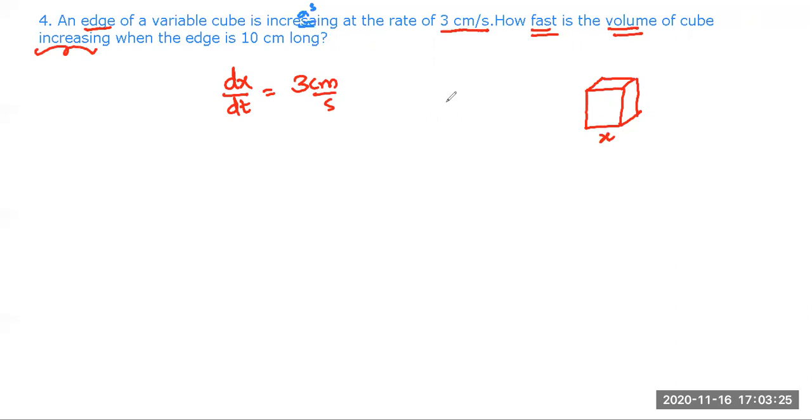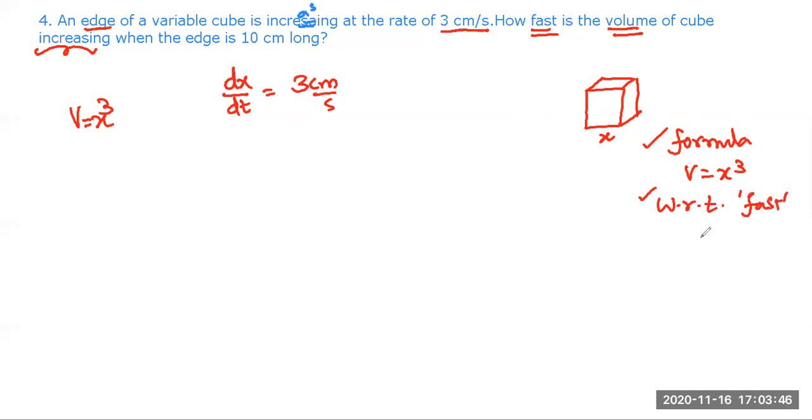First, we have to look at the formula. Which formula is this? V is equal to x cube. Then we have to see with respect to what, what is he asking? How fast? Fast is the keyword. So I need to find dV by dt. Then the third one, differentiation.